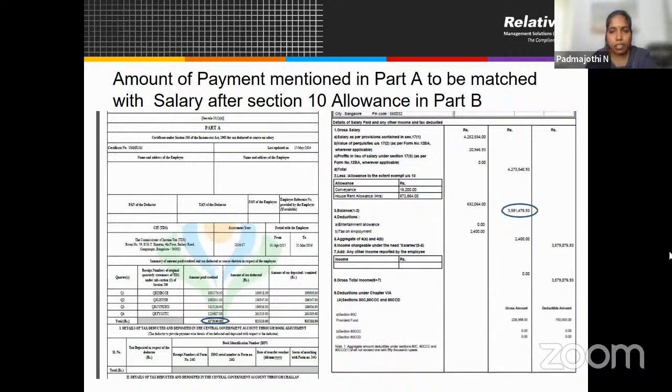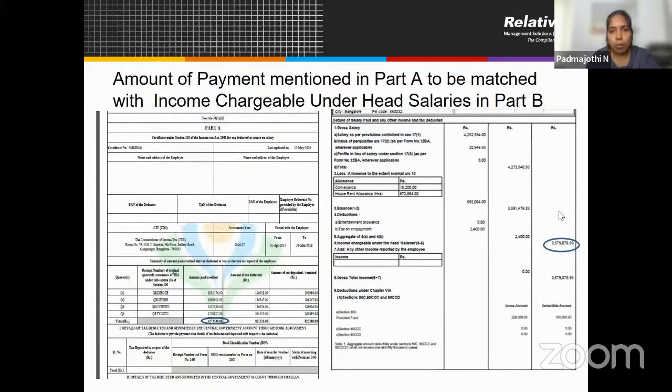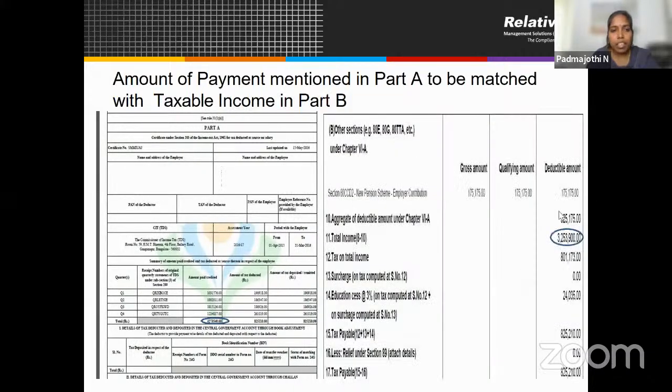The third is that the amount of payment mentioned in Part A is matched with the income after Section 10 allowance. Some organizations will match the same with income chargeable under the head salaries. And another case is the taxable income. They will match the amount of payment to the taxable income in Part B.